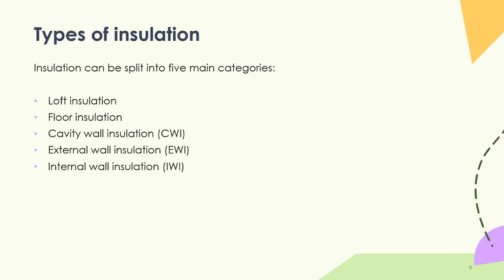External wall insulation, so that's where you're putting an insulation layer on the outside of typically solid walls, but it could be a cavity wall if the cavity is very narrow, and whatever you can fill that cavity with is not really enough to give you a good thermal performance of the wall. You might do cavity wall insulation into a narrow cavity and some external wall insulation. And then the last one, internal wall insulation.